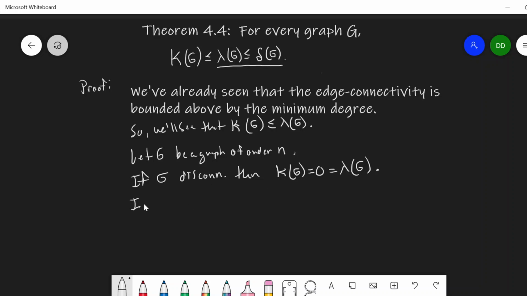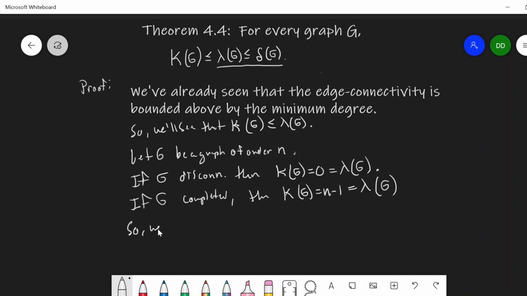And the other fringe case would be if G is complete. In this case, the inequality holds, because then the vertex connectivity of G would be n minus 1, right? We need to take away n minus 1 vertices from the complete graph of order n in order to make it a trivial graph. And that would also be equal: we saw in a previous video that the edge connectivity of a complete graph was n minus 1.